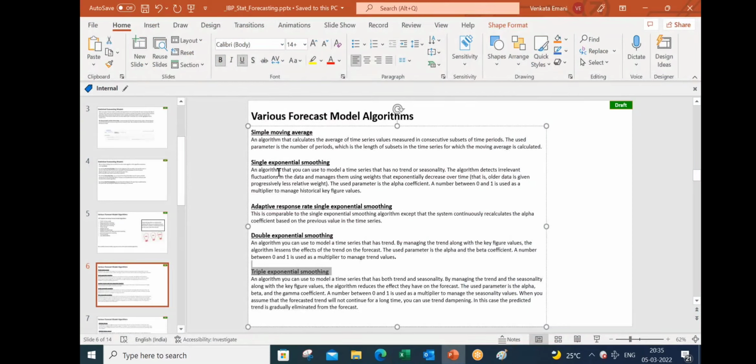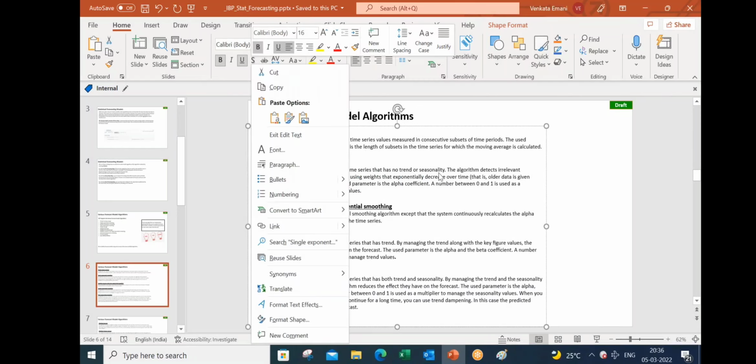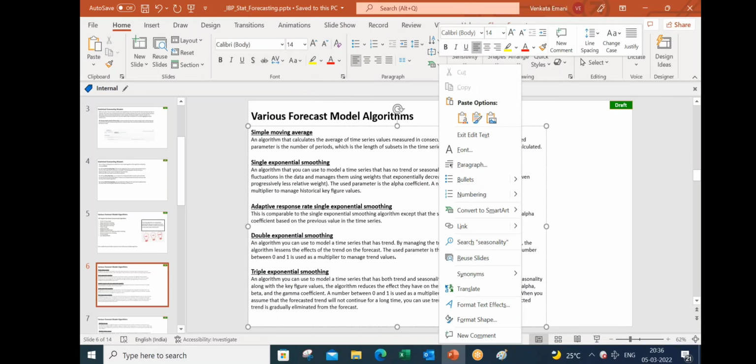Single exponential smoothing is used when there is no trend or seasonality, and alpha is used here. Alpha coefficient is being used. And there is something called adaptive response rate single exponential. In single exponential smoothing, you have to give the alpha value, like 0.3, 0.5, 0.8.